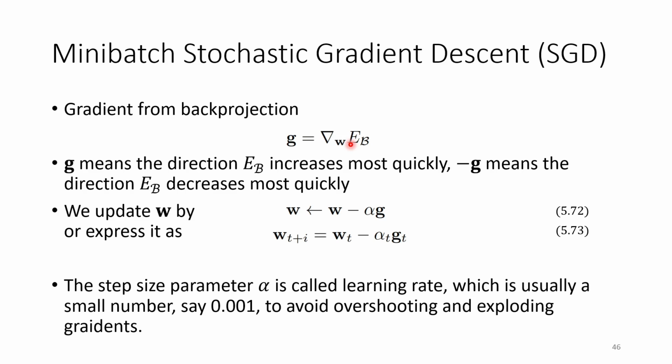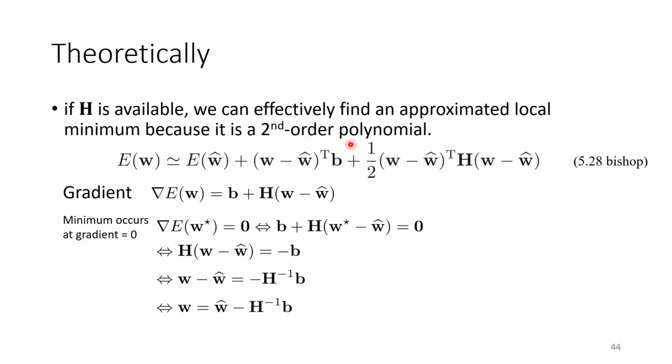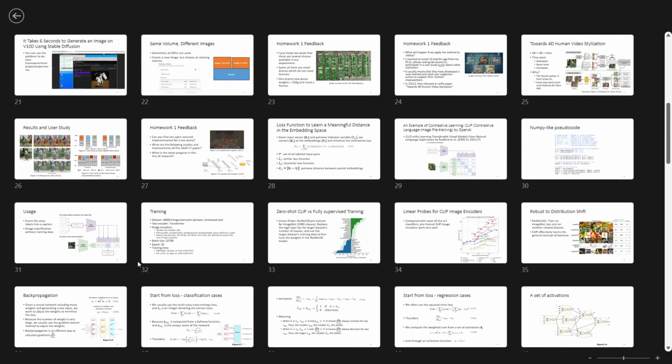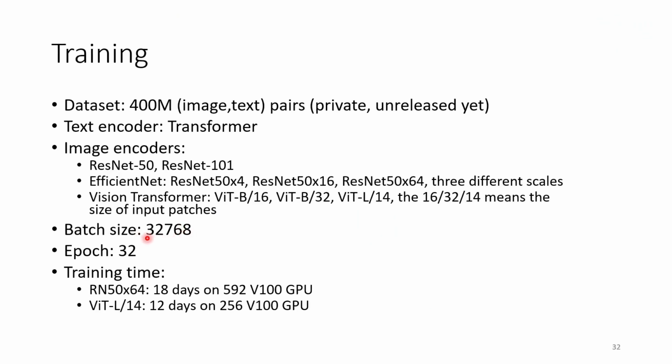If it is say 8, then that is a small batch. 32, medium size. And in the clip training, the batch size is 32K, a very large batch.